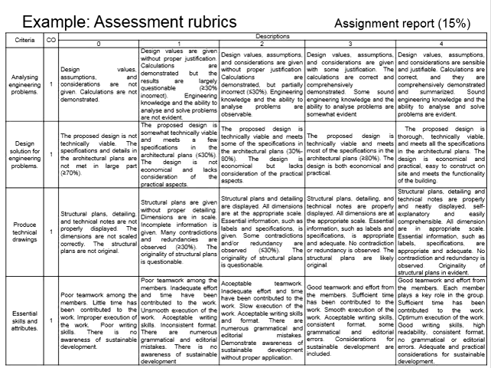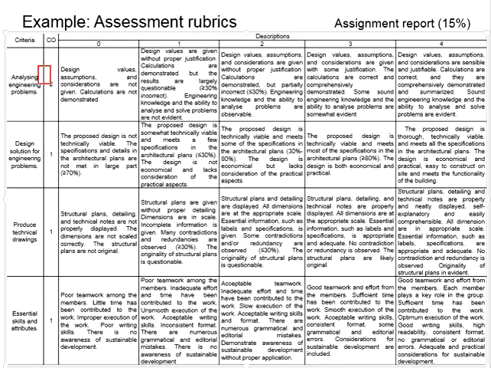And when you design the assignment rubrics, make sure you clearly specify the course outcome that each criterion is supposed to attend to. Let's say analyzing engineering problems, which in this case should be CO2.